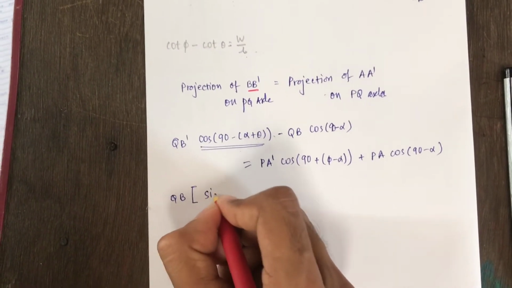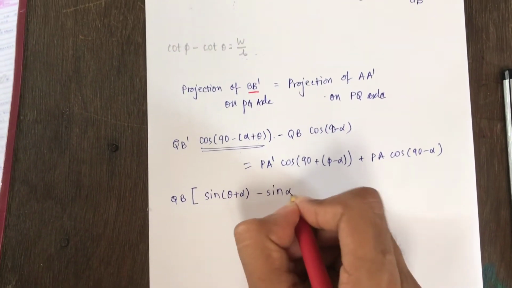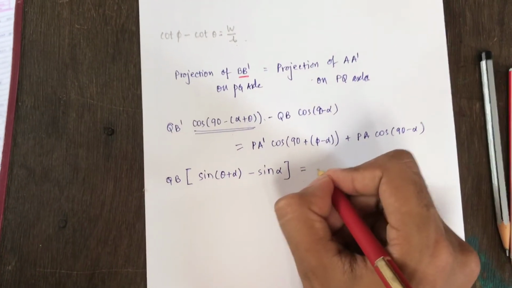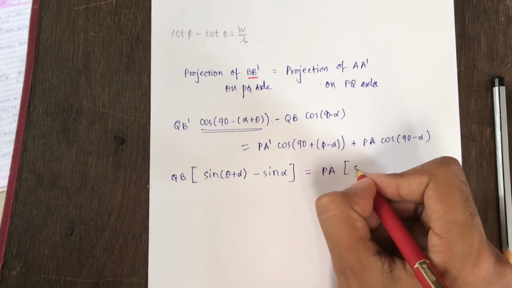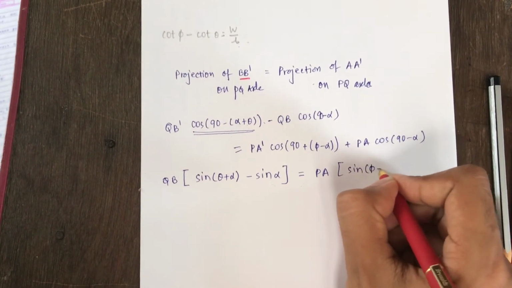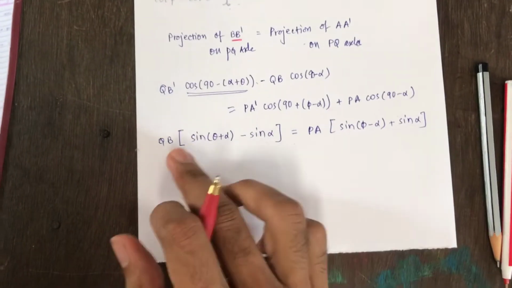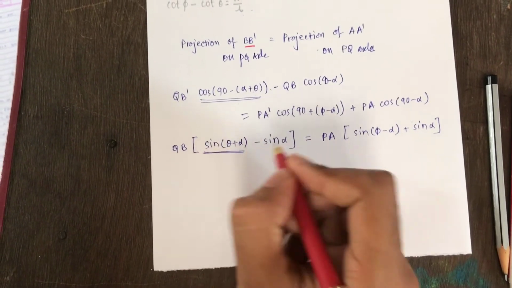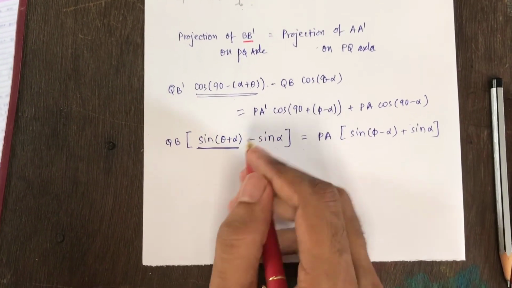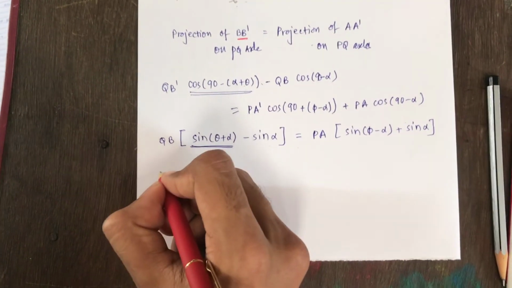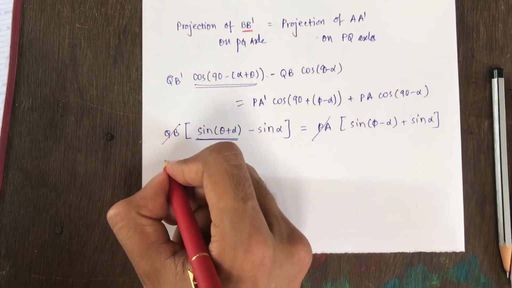So in brackets, sine of theta plus alpha minus sine of alpha, equal to, PA and PA dash are both the same, so cos of 90 minus is sine, sine of phi minus alpha plus cos of 90 minus alpha, sine alpha. After expanding this, sine of A plus B is sine A cos B plus cos A sine B. We can take QB and PA as both the same, so they cancel out first.